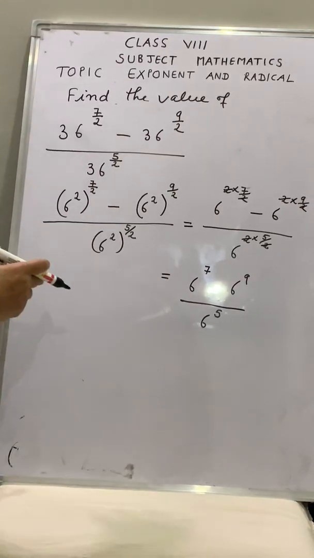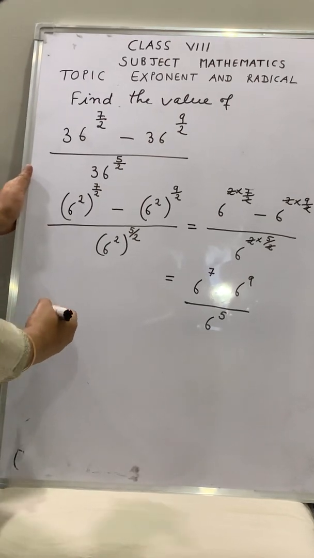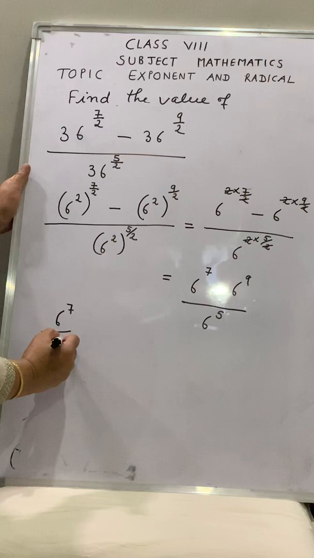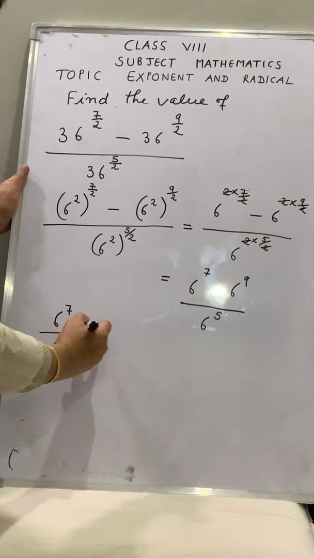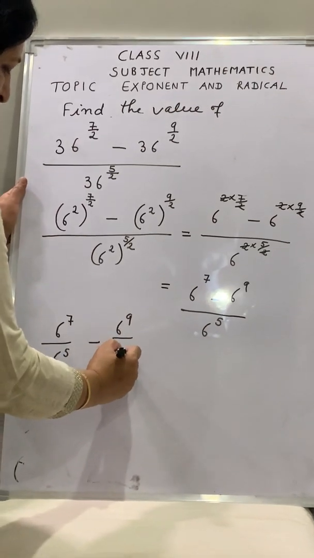Next, how to solve this? We can write 6 raised to power 7 divided by 6 raised to power 5 minus 6 raised to power 9 divided by 6 raised to power 5.